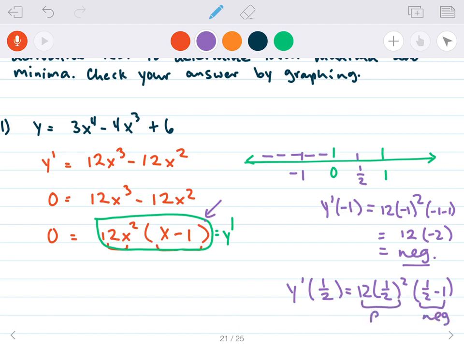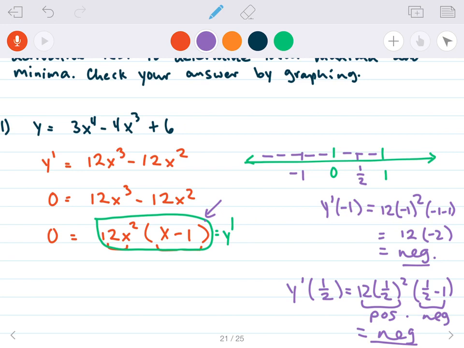This is positive. Positive times a negative is a negative. So this is negative. So we're not changing from decreasing to increasing. It looks like 0 is not going to be a local max or min.